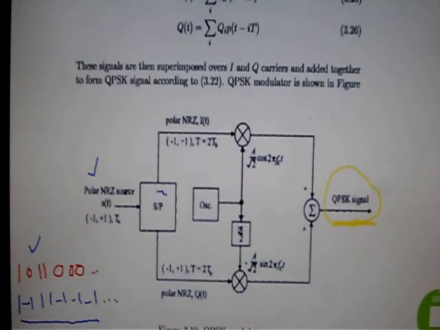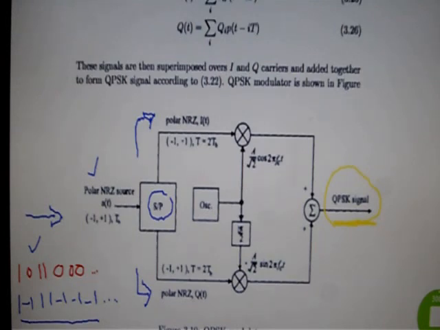Now if you see over here, you have a serial to parallel converter. What does this converter do? We assume that our source is serial, so the input data is serial. We have to convert it into parallel in such a way that the odd number of bits are separated and forwarded through the upper branch, and the even number of bits are separated and forwarded through the lower branch.